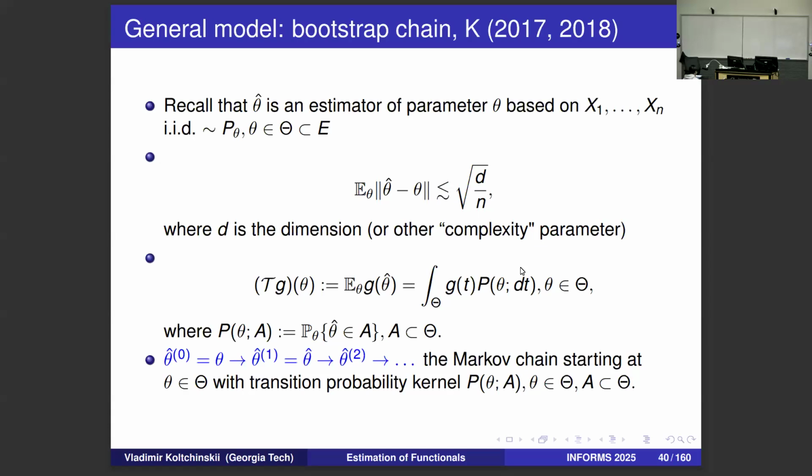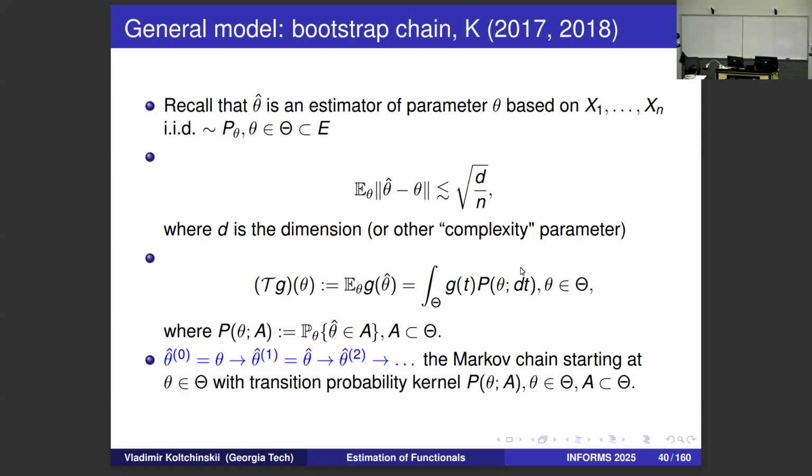And then at the next iteration, according to this kernel, it should move to a new location. What is this chain probabilistically, and what is more precisely the statistical interpretation of this chain?